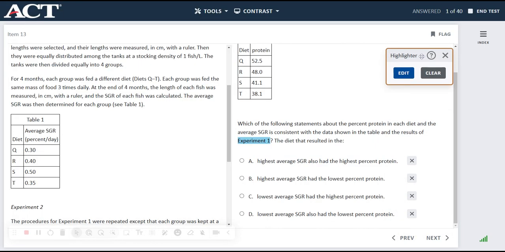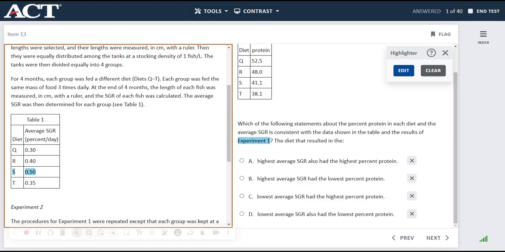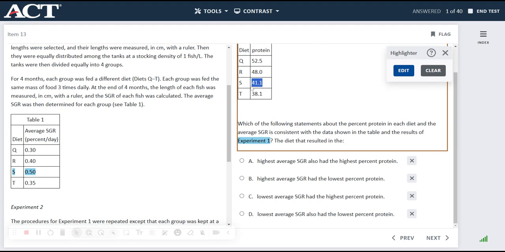The highest average SGR also had the highest protein percent. Okay, so highest SGR is S. Is that the highest protein percent? No, because the highest protein percent is Q, so we're eliminating that one.